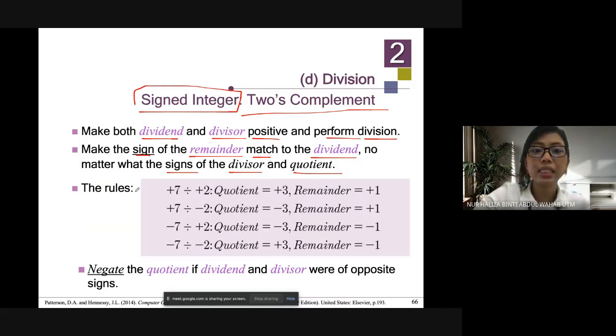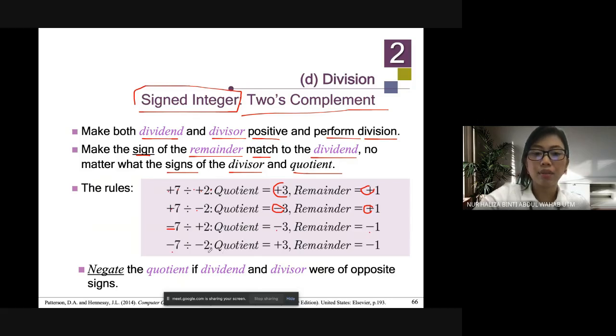So this is the rule. Let's say I give you the example over here, positive 7 divided by positive 2. This one is positive and positive, which is not too troublesome. If you have positive and negative, you get a negative quotient and the remainder is positive. And you have minus 7, your quotient will be negative and your remainder will be negative.